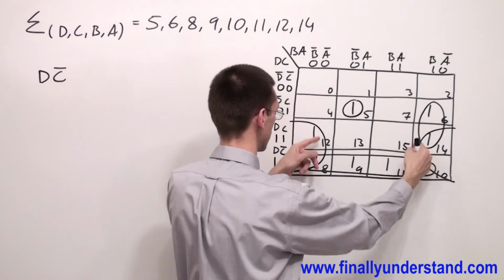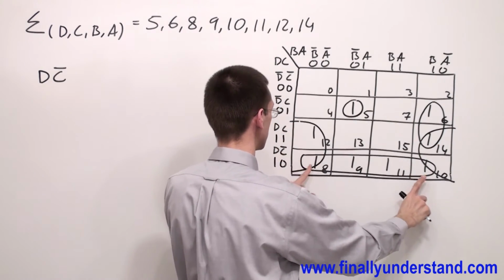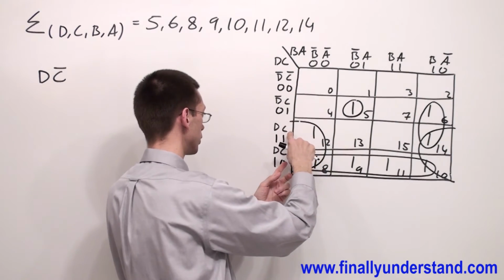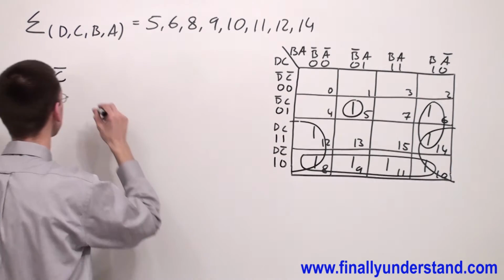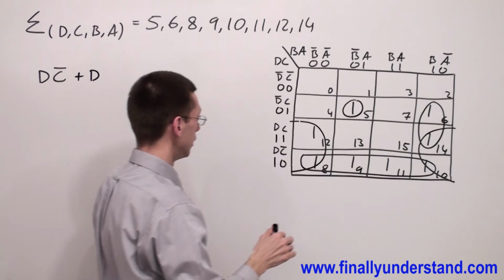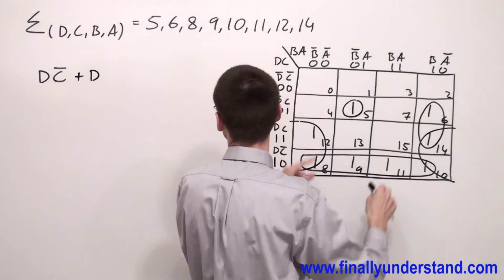Another group, this one, is placed in 2 rows and 2 columns. The common variable for these 2 rows is D. The common variable for these 2 columns is A naught.